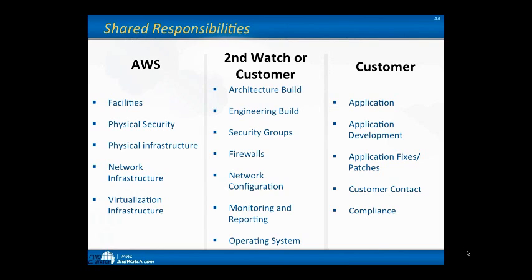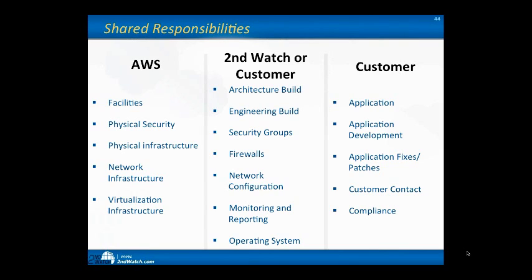Customers then are responsible for application security, application development, obviously their own applications, their fixes and patches, compliance issues, and access management into their environment. So it's a shared responsibility.